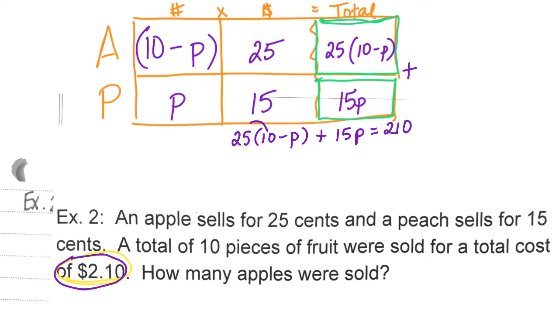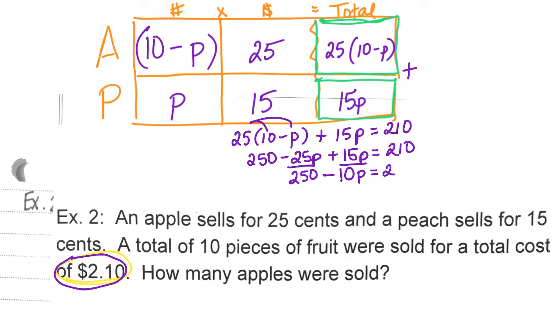Let's distribute. 250 minus 25p plus 15p equals 210. Awesome. Add like terms. Negative 25 and a positive 15 is negative 10p, so 250 minus 10p equals 210.